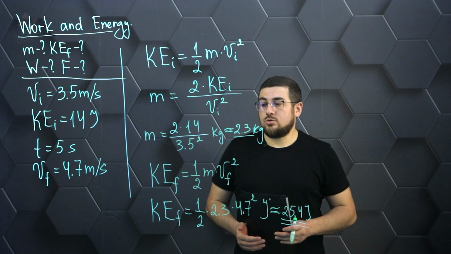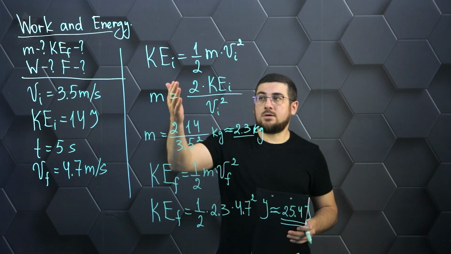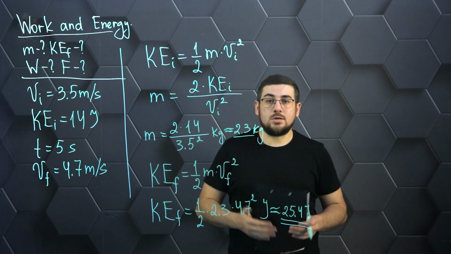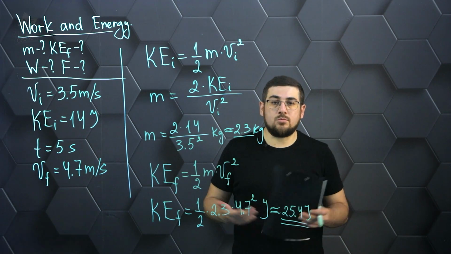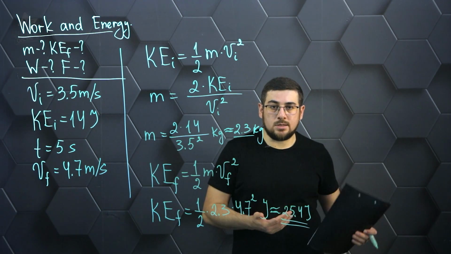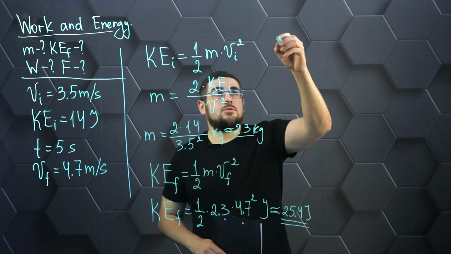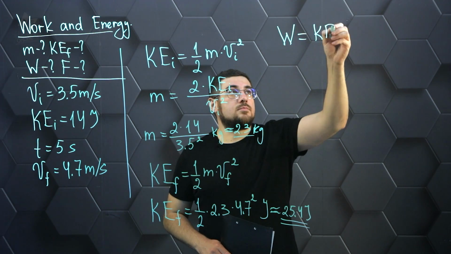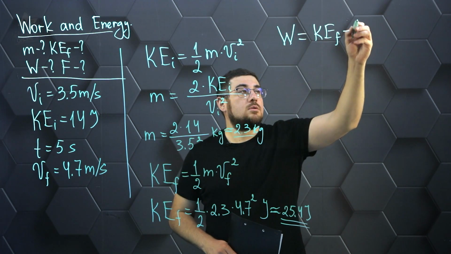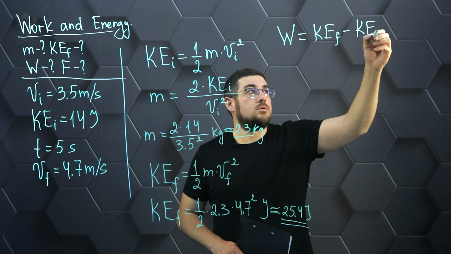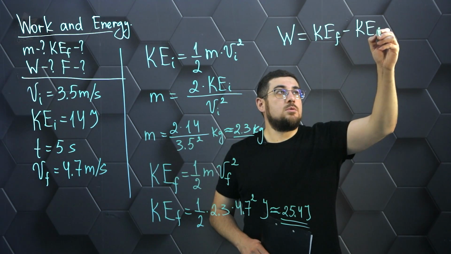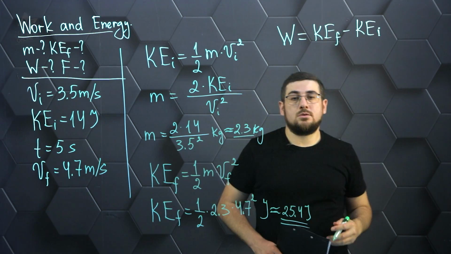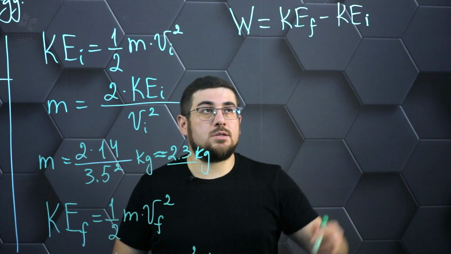But given that we know the final and initial kinetic energy, we can recall that work is a measure of the change in energy of a body. So in the form of a formula, we'll write it down as follows. And having the values of both of these energies, we can give the answer for work right away.